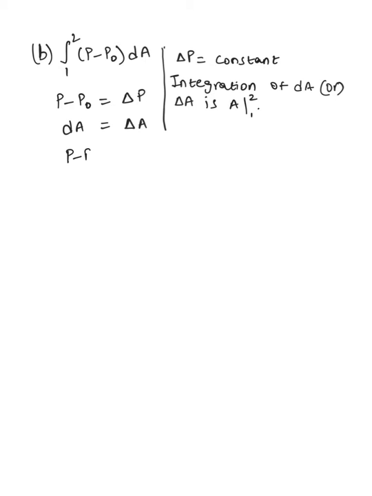P minus P naught, which is equal to delta P, is nothing but a form of pressure, and that can be measured as force upon area. Force is measured as mass times acceleration.